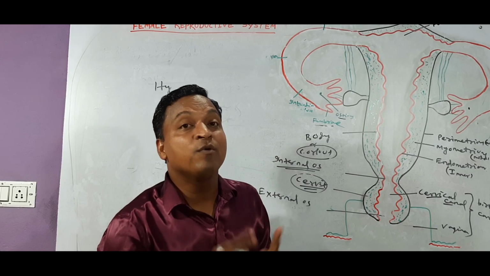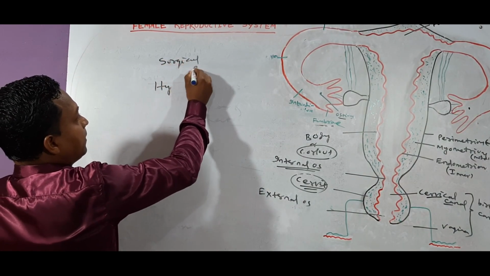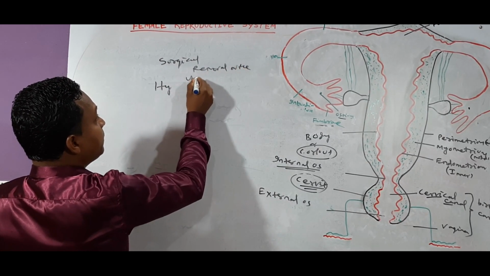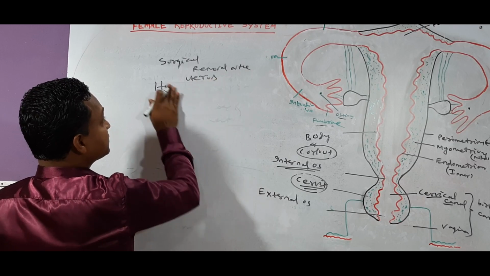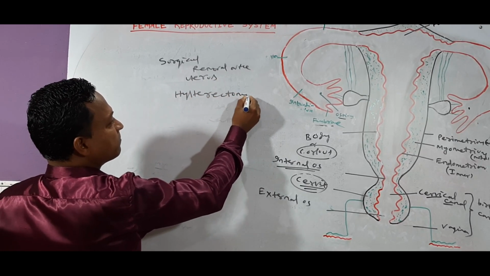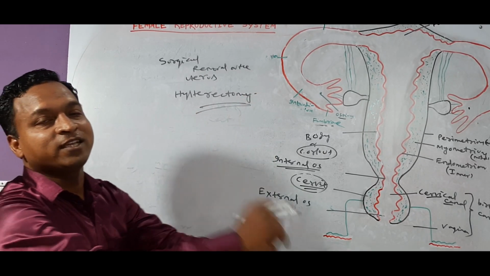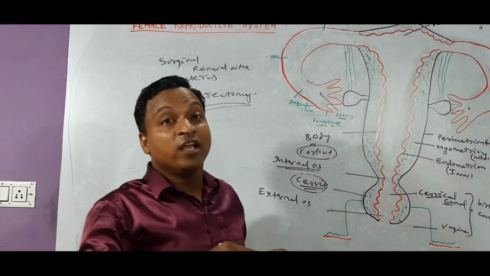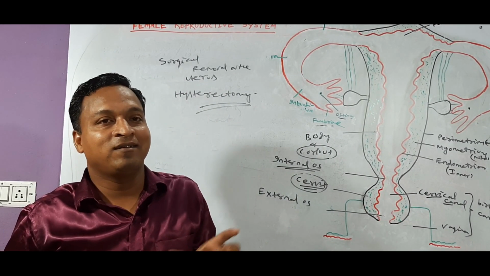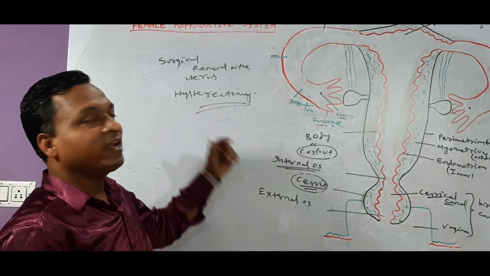The surgical removal of the uterus is called hysterectomy. On the important short question, the surgical removal of the uterus is called hysterectomy. Try to focus: tomy means removal. The uterus is otherwise called hystera, so it is called hysterectomy.